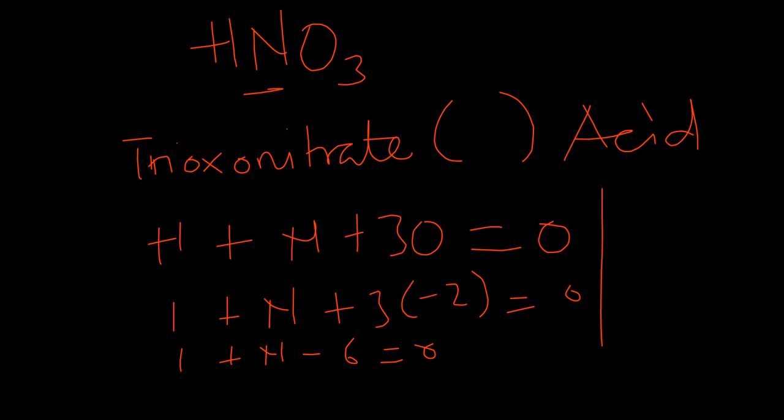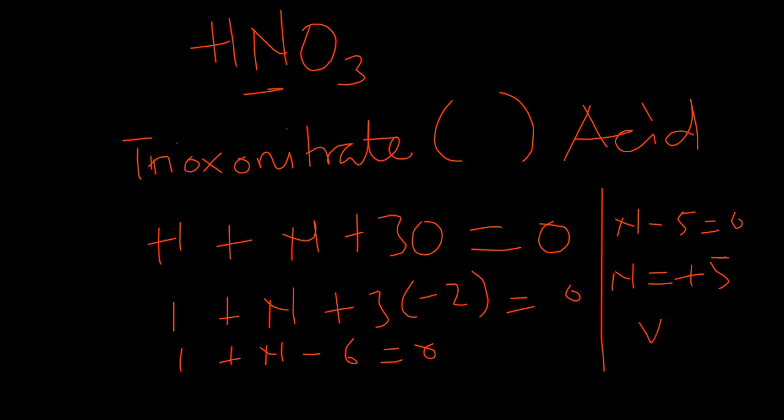So that will give us nitrogen, 1 minus 6 will give us minus 5 equals to 0. So that will give us nitrogen equals to positive 5. So the oxidation number of the nitrogen is 5.